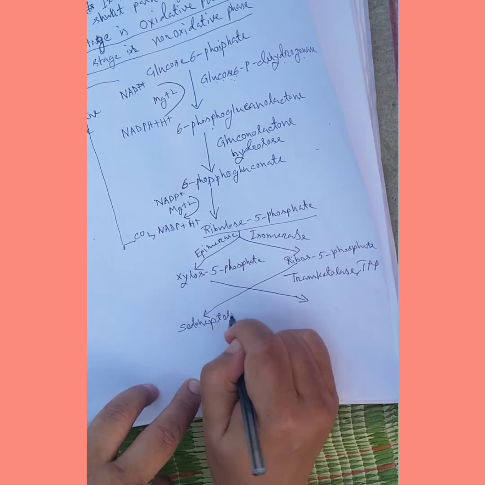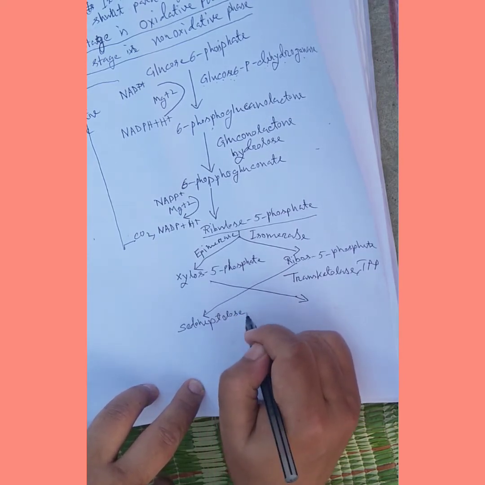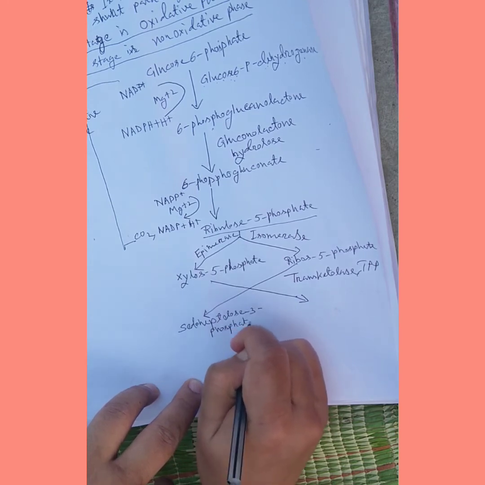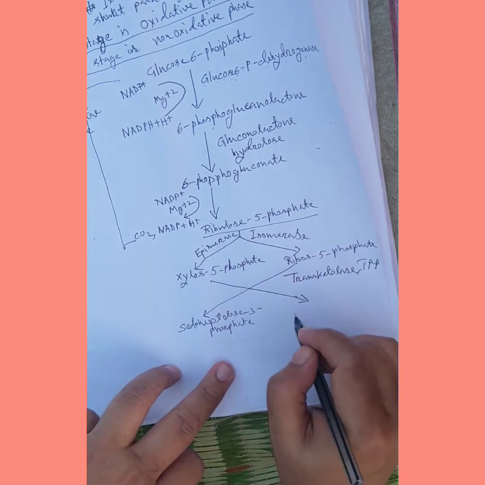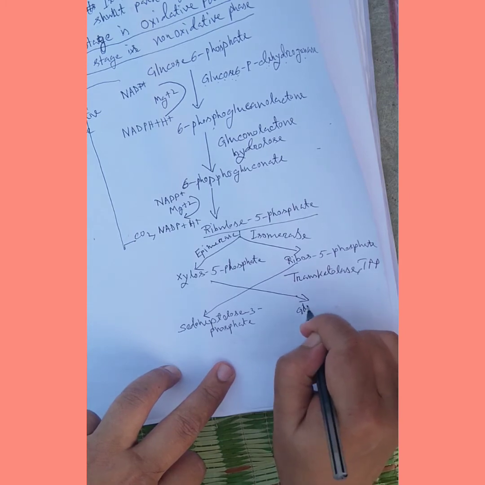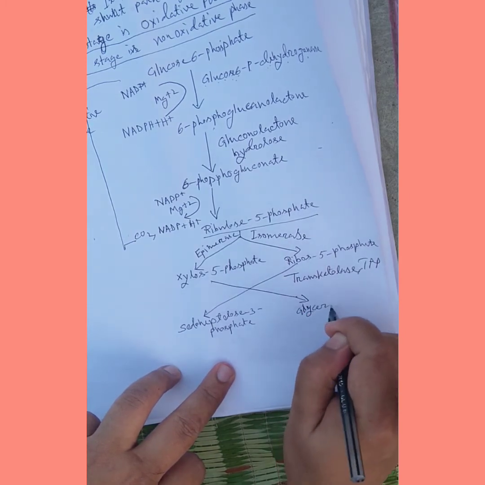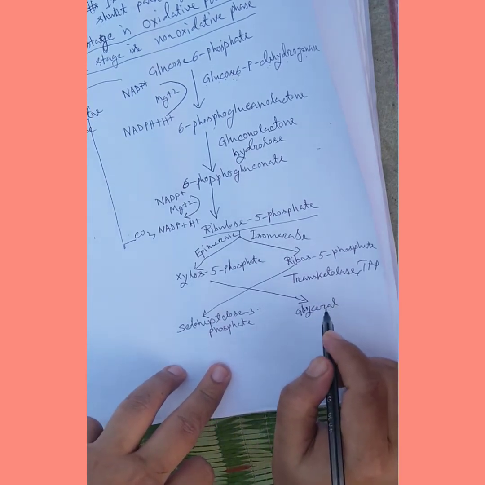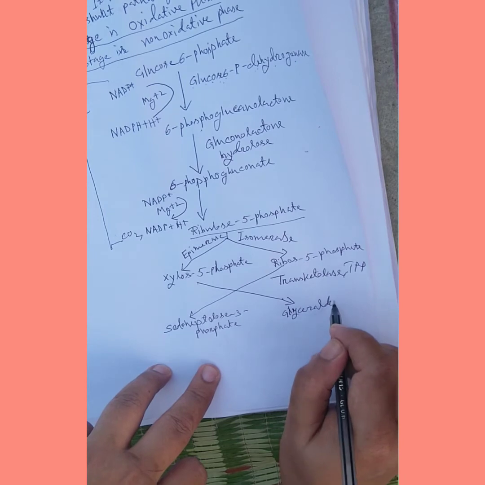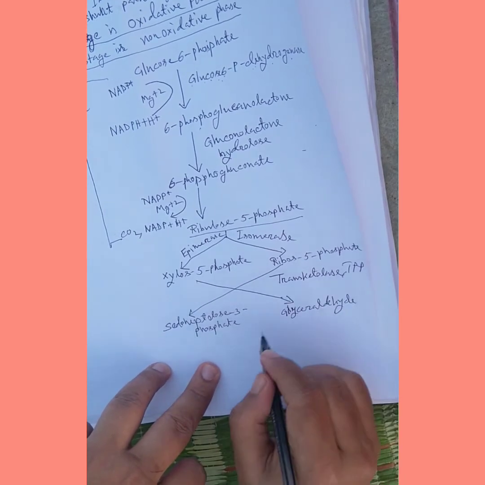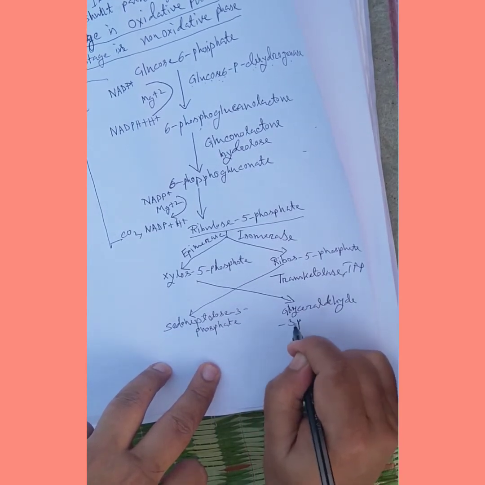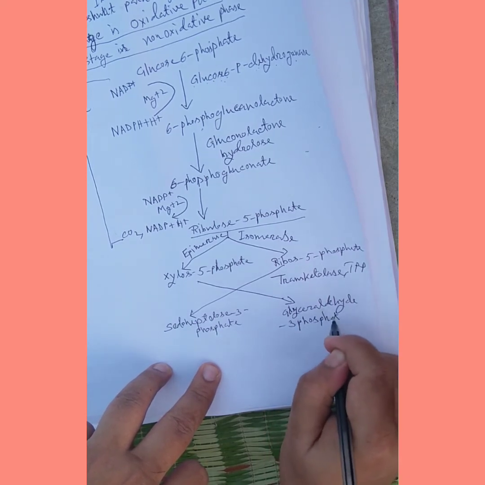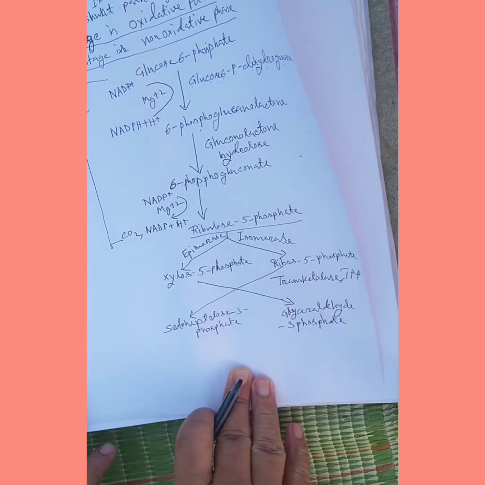With transketolase, we get heptulose 3-phosphate, and another we get is glyceraldehyde 3-phosphate.